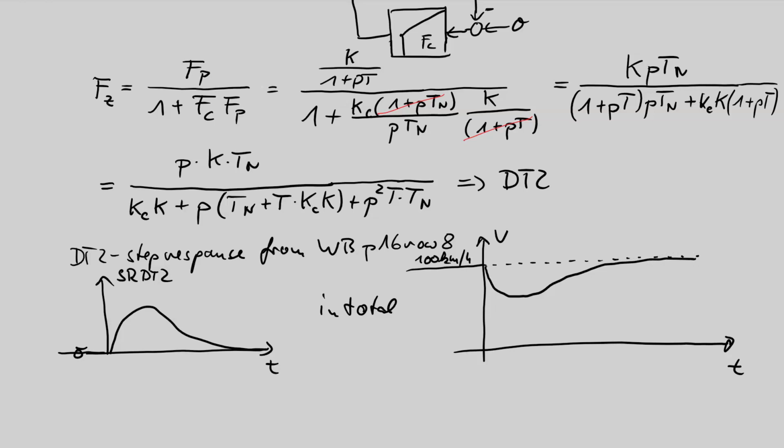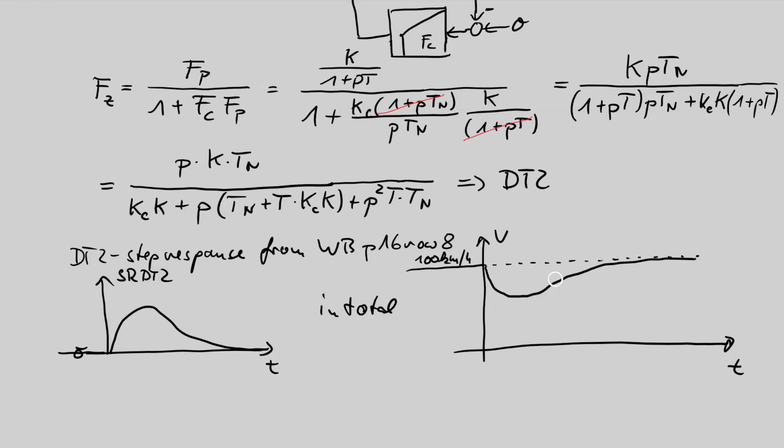So this is exactly what the disturbance step response shows: the speed in the first moment goes a little bit down, and then finally the controller pulls the original speed up to the desired value of 100 km per hour.